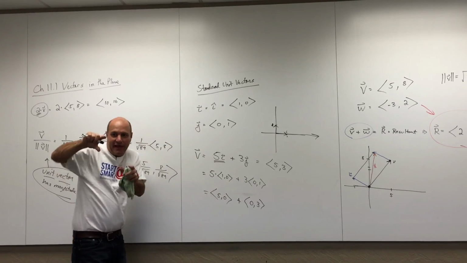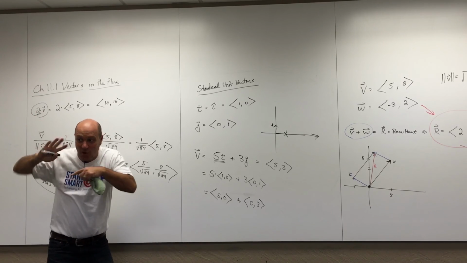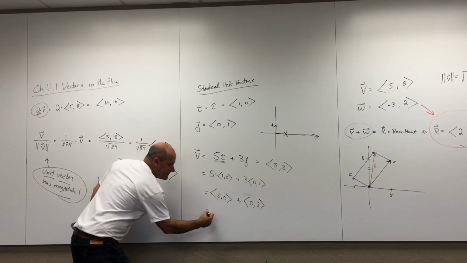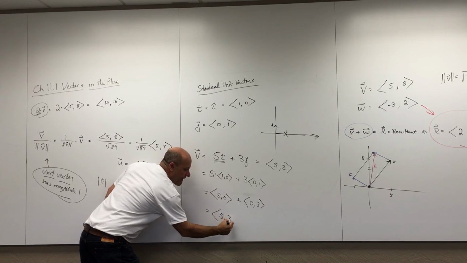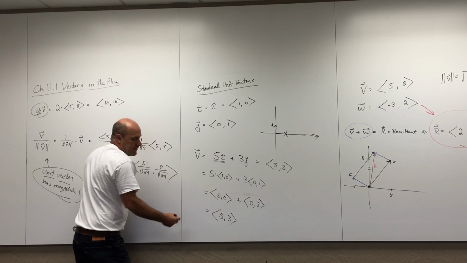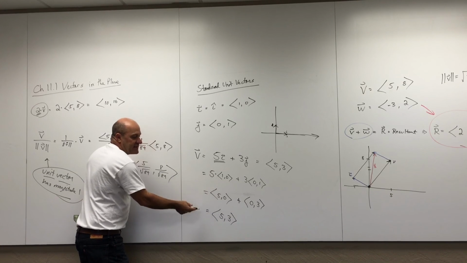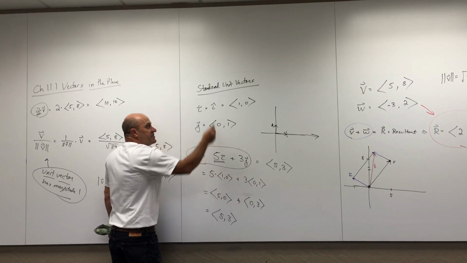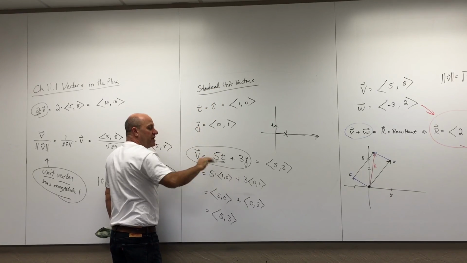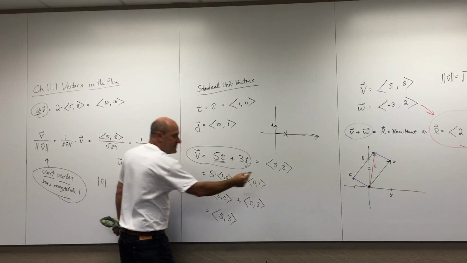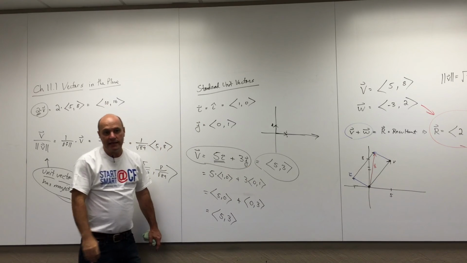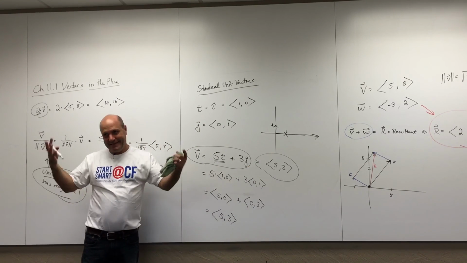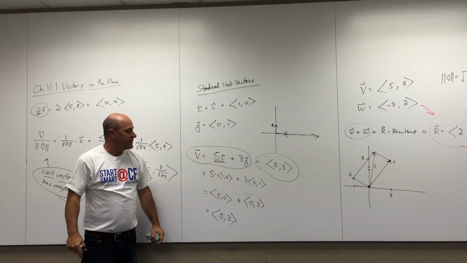Well, you put the head on the tail and you draw the resultant. Or you just add these components and what do you get? There's nothing fancy here, but I'm just trying to convince you that there's this ij standard unit vector notation, and I just want you to know it's the same as this, and it's easy, and there shouldn't be anything confusing about it, but it can get students sometimes.